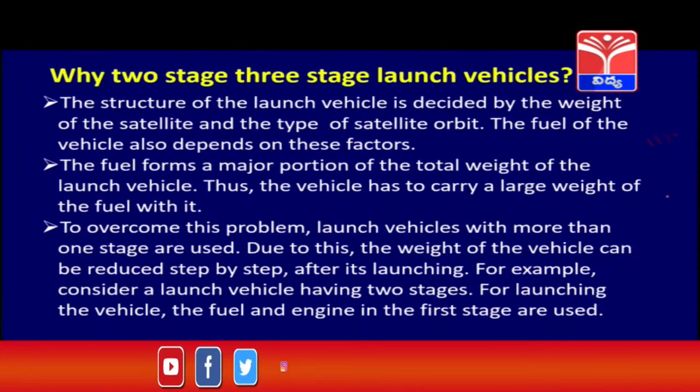But what we are reaching is 7.8 kilometers per second. This is the highest that we could reach with our existing launch vehicles. It is very difficult to reach more, so that's the reason why we are having multi-stage launch vehicles.